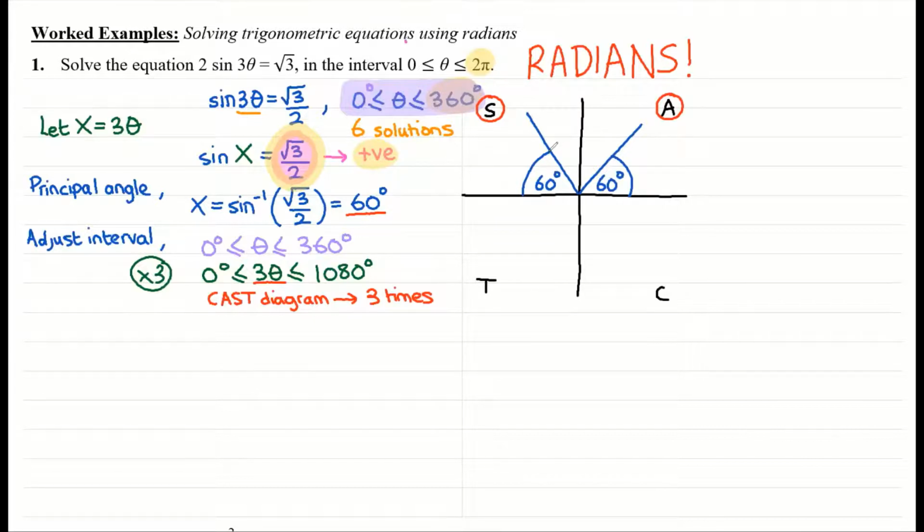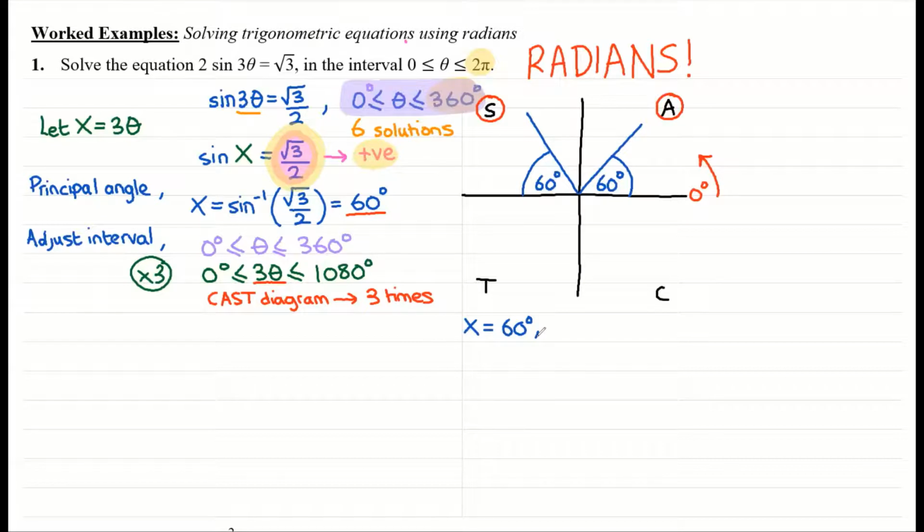These are going to be in degrees, and they're going to be for x, not for what we want. So my solutions for x, if I go around 3 times: my first angle, if I start at 0 and work anti-clockwise, is my principal angle, 60 degrees.